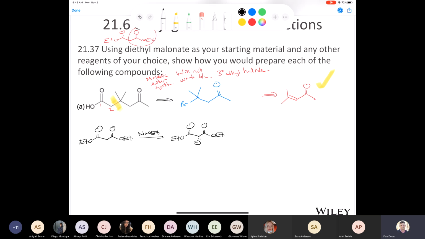Okay, so that's going to be our Michael donor, and then our Michael acceptor will be this molecule that I had already drawn, the alpha beta unsaturated ketone. And so we get a nucleophilic attack like this. Okay, we produce our enolate, which we protonate next, and that gives us our desired product. So I could even draw the intermediate out here.